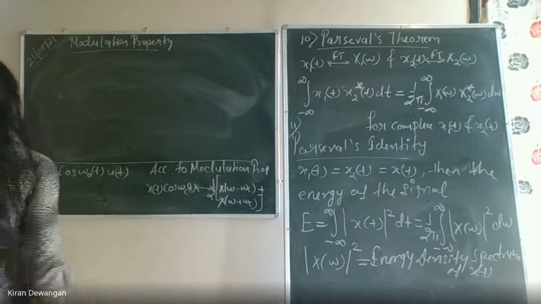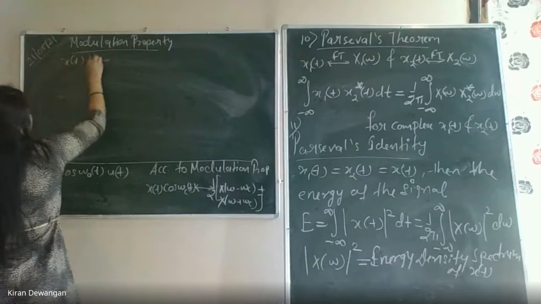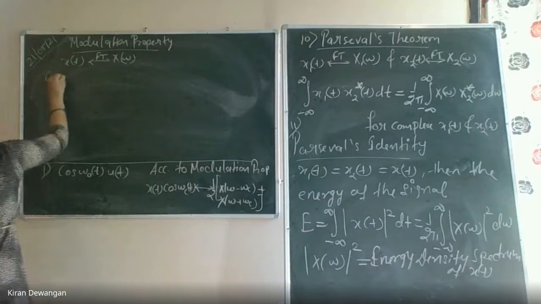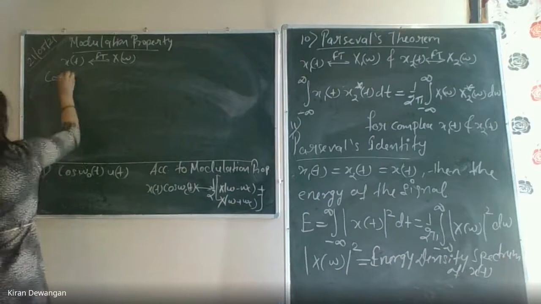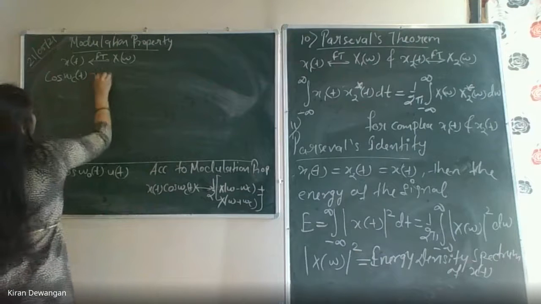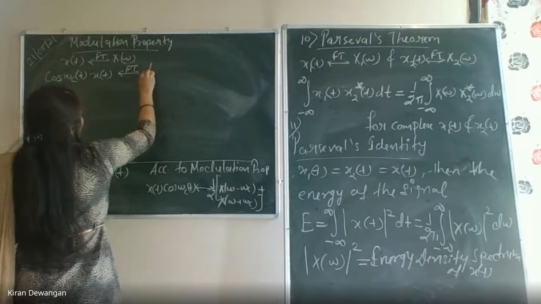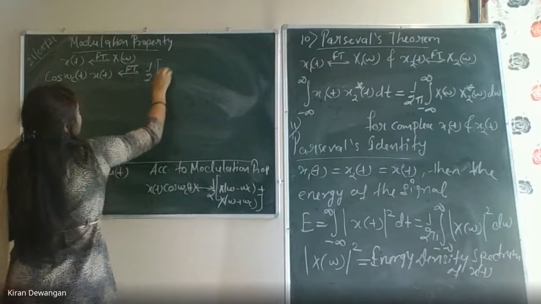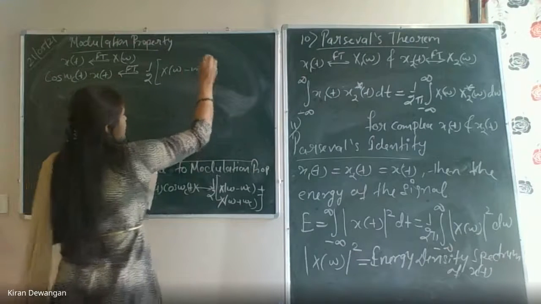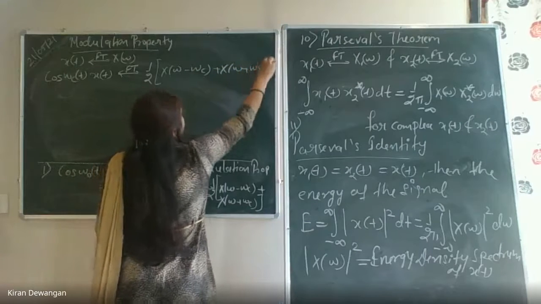Now in the modulation property, as I have already said, if x(t) has Fourier transform X(omega), and if I multiply cos(omega_c t) to x(t), it will have Fourier transform which is 1 by 2 pi, X(omega minus omega_c) plus X(omega plus omega_c).